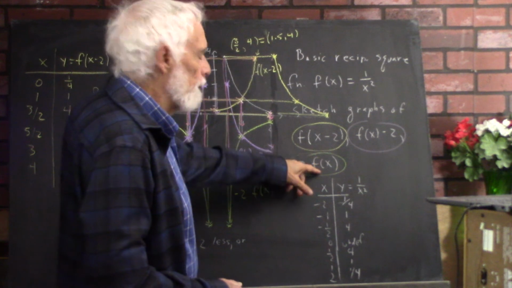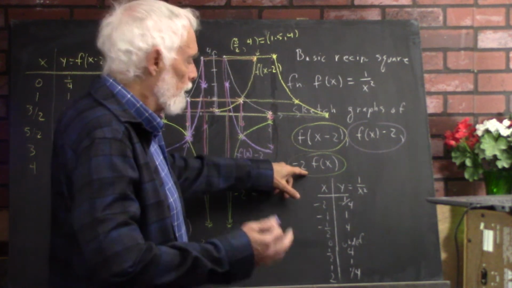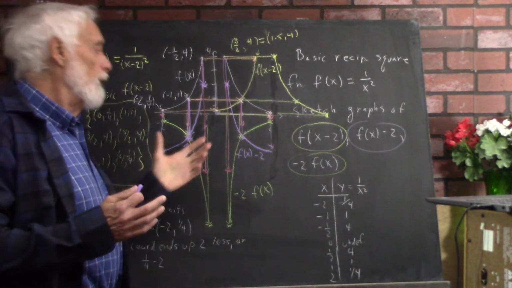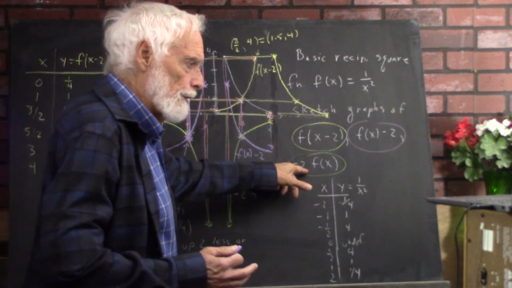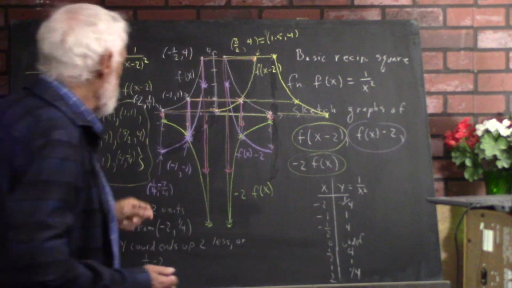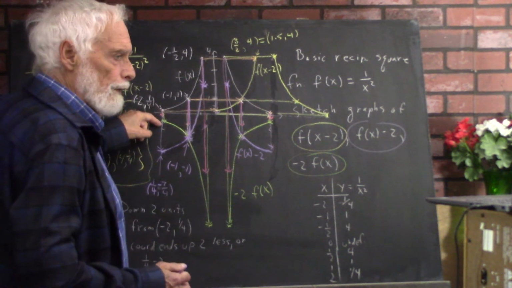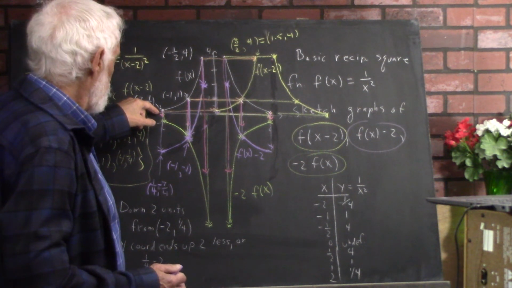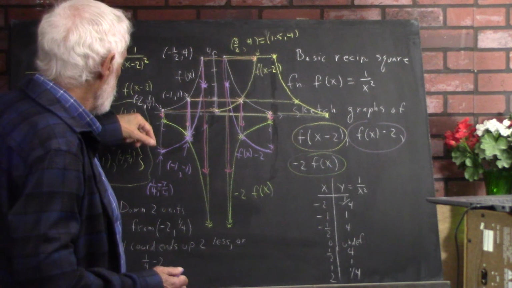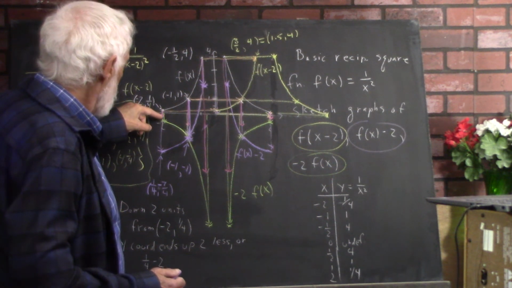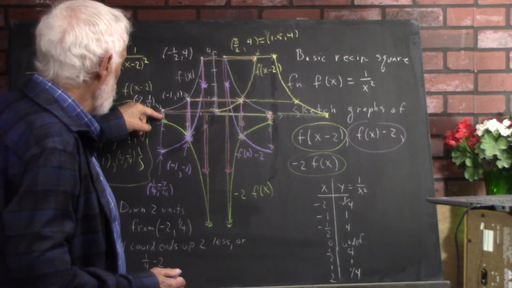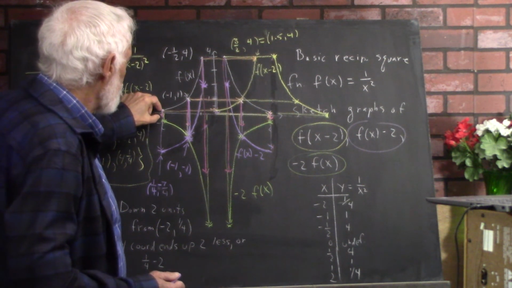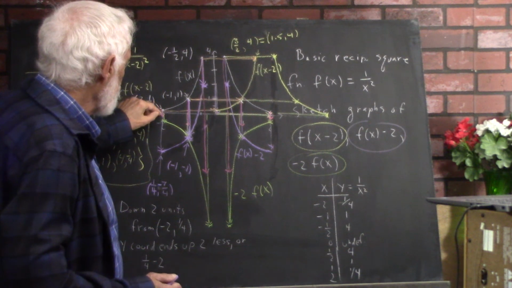But it's negative 2 f of x. So, f of x is a y value. Negative 2 f of x means that we double the y values. Now the y value of a point is how far it is from the x-axis. And of course in what direction. So here's a point on negative f of x. This green arrow is double the length, not of the red arrow, but of an arrow from the x-axis down to this point.